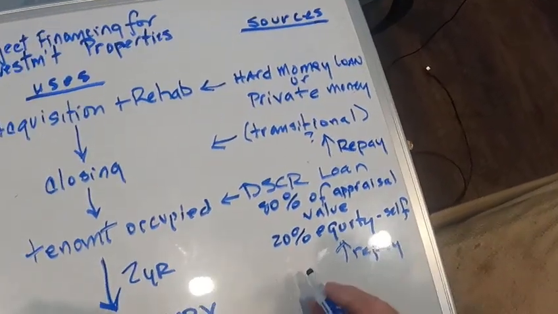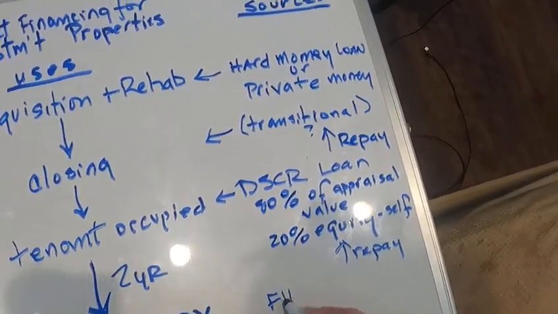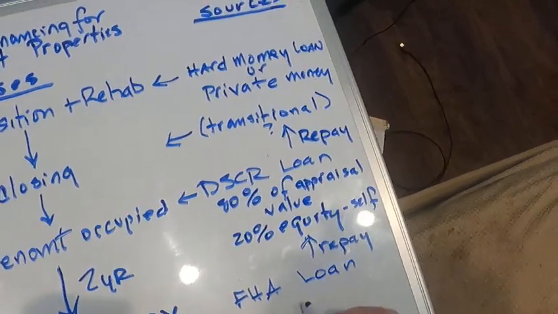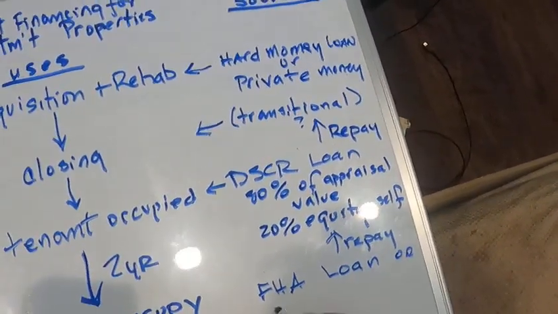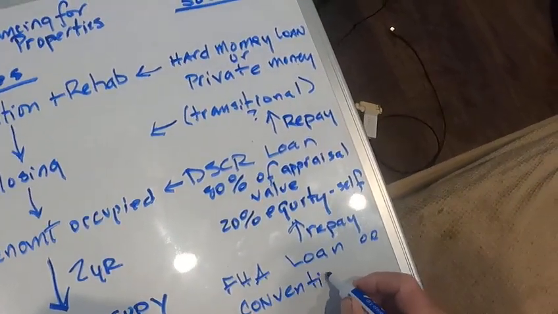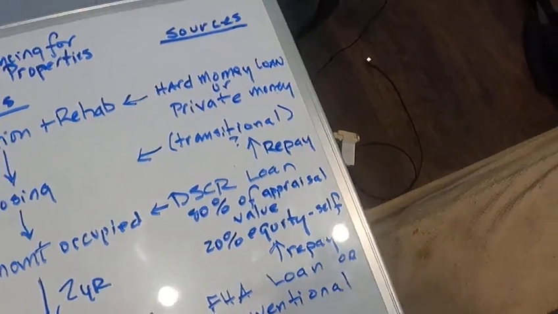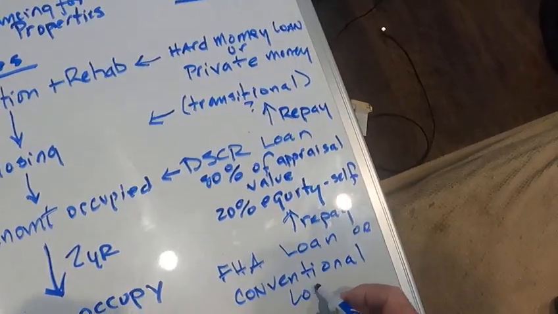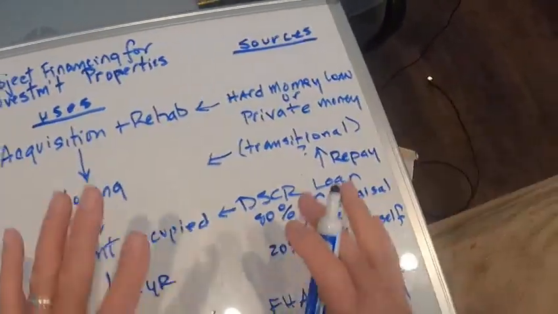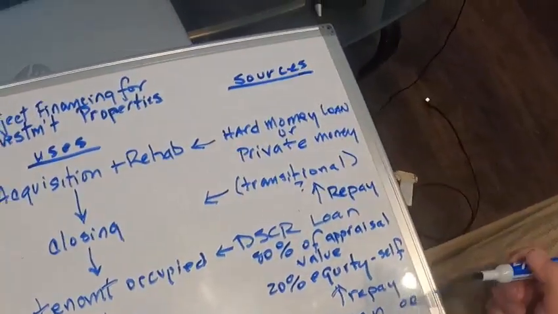So we repay that with an FHA loan and or a conventional loan. Okay? And that is regardless of if we have owner financing or anything. This is how the waterfall would really go.